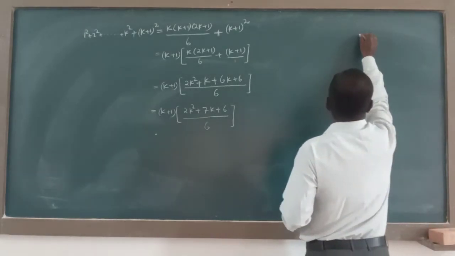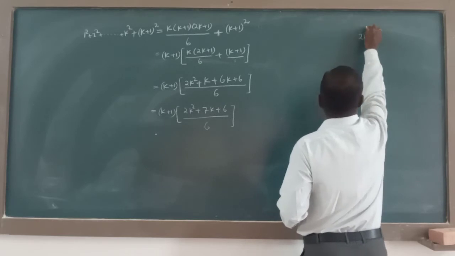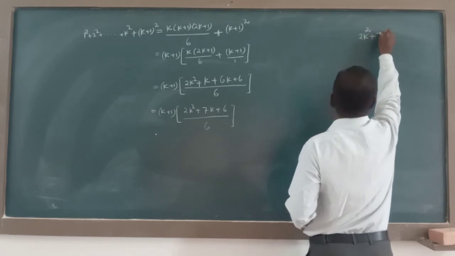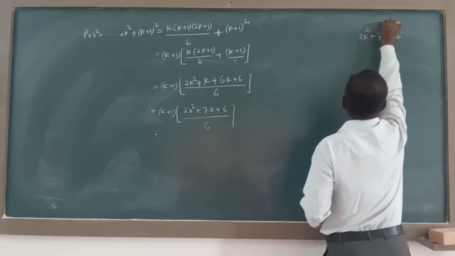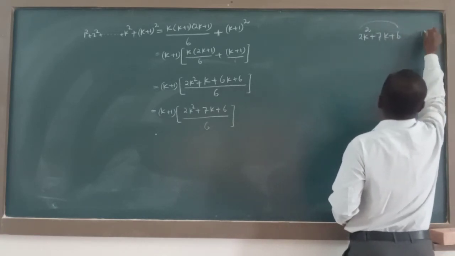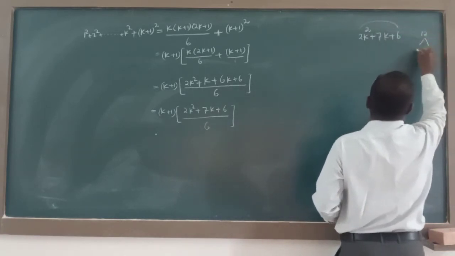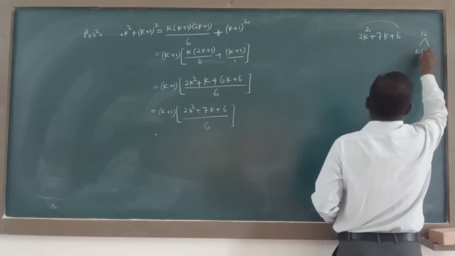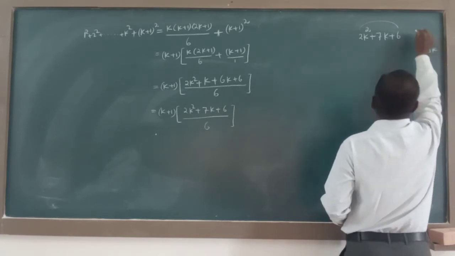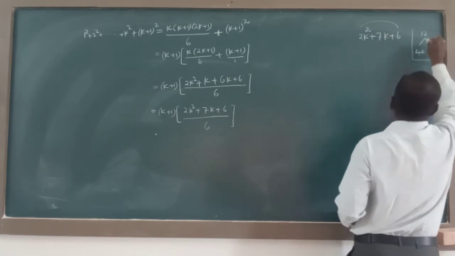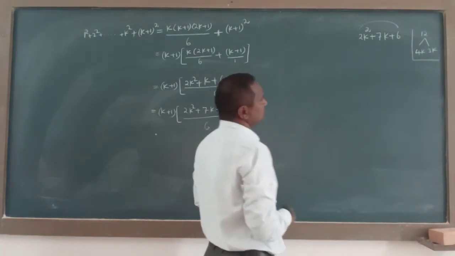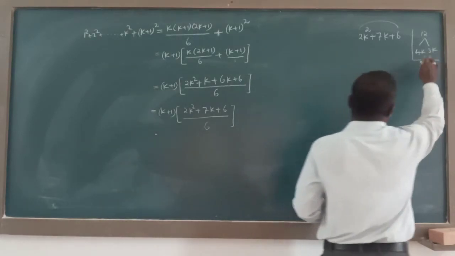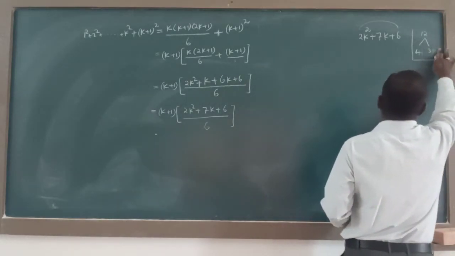Like this: 2k square plus 7k plus 6, and 2 sixes are 12 here. For the factors of 12, generally we get 4k and 3k. The sum of these two is 7 and the product of these two is 12. Otherwise you can take 4 and 3 also, no problem.